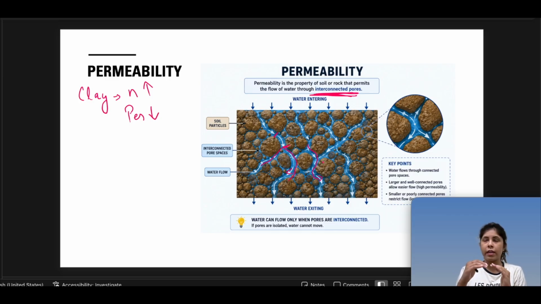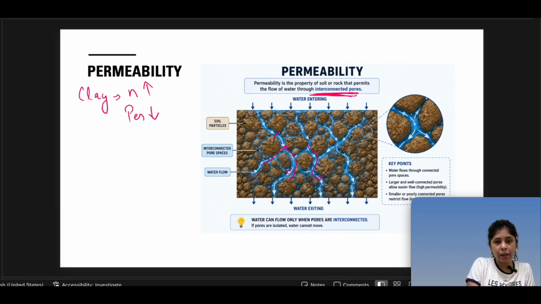So in clay the water will be retained in between the layers. So clay has high porosity, but less permeability. Permeability is simply the interconnection of pores. If pores are connected properly, the permeability is more. If pores are not connected, then the permeability is very low.